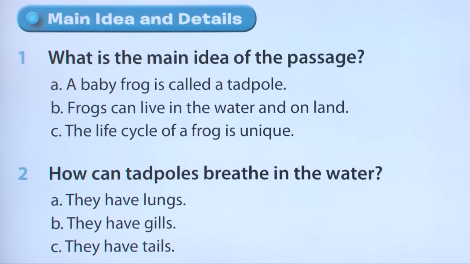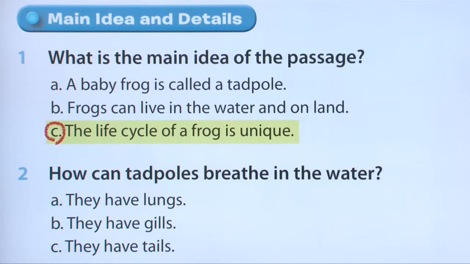Now, which of these three is the answer? Well, it is C, the life cycle of a frog is unique. Yes, it is unique because it is born in an egg in the water and then eventually grows up to live both on land and in water.